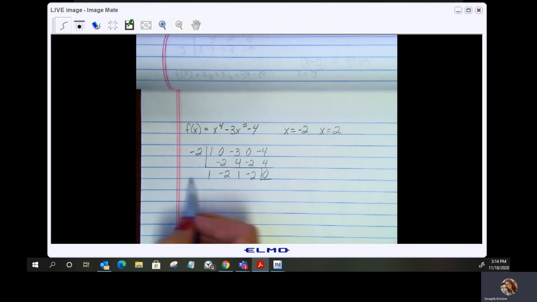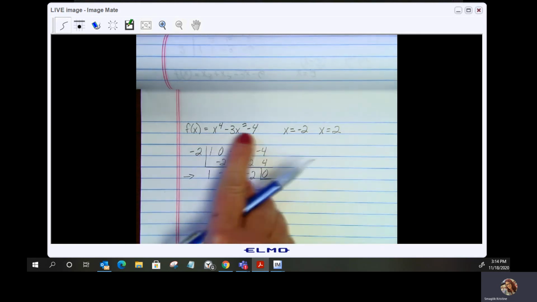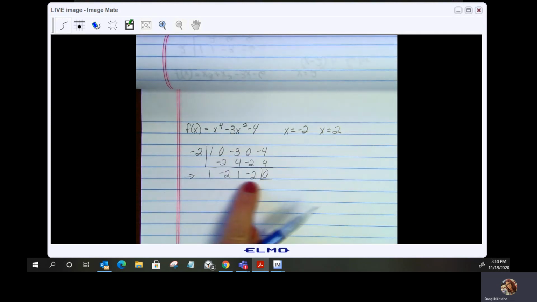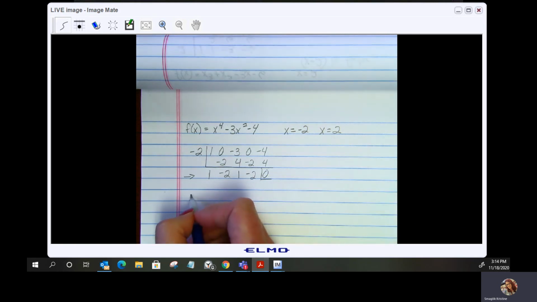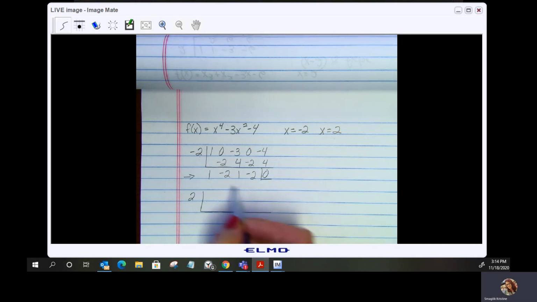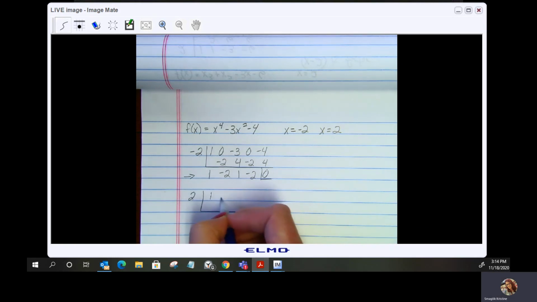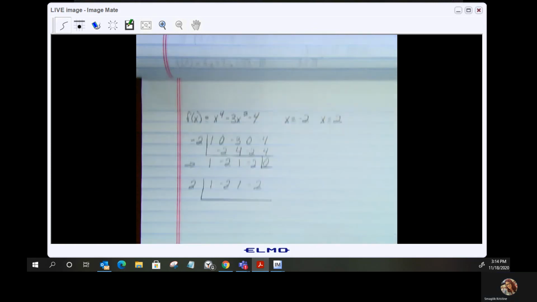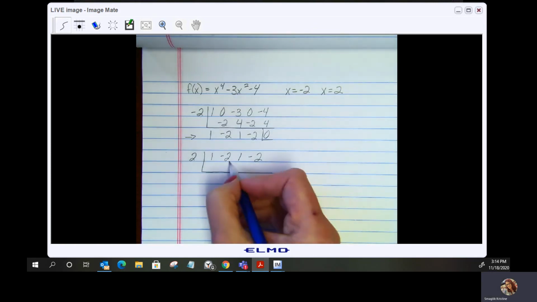So what I'm going to do is I'm going to divide this again. Now, I'm not going back to the original. I'm taking this factor. So let's grab that zero of 2, and I'm taking my answer here, my quotient, and I'm going to divide it again. We're just going to keep breaking it down.